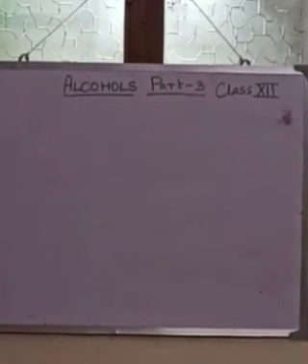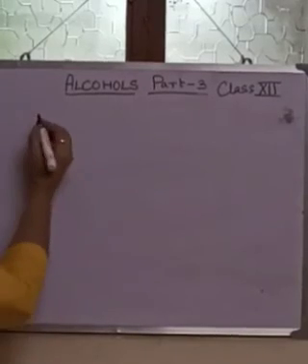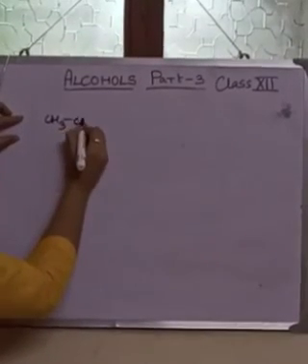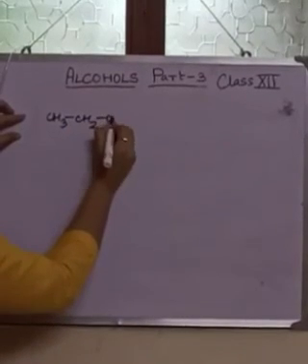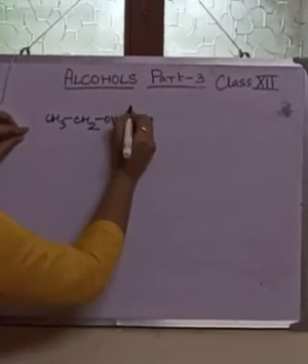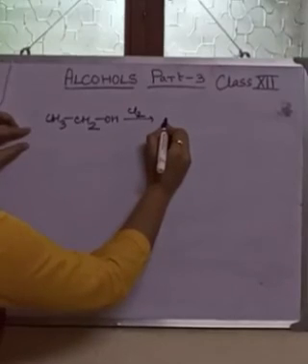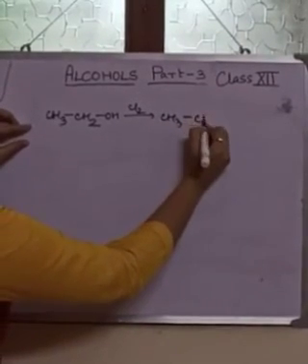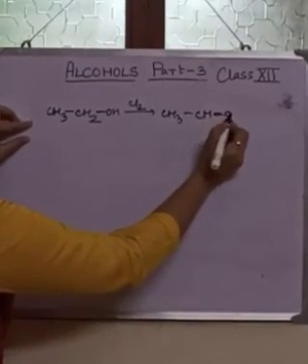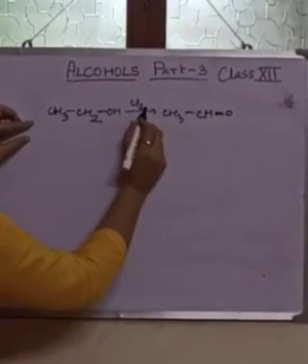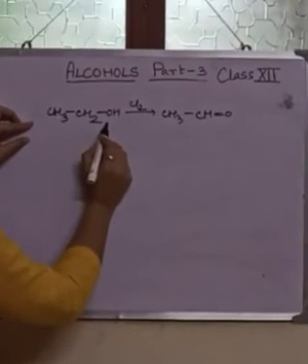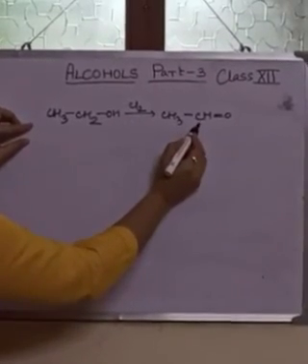Halogens react with primary and secondary alcohols resulting in the formation of aldehyde. This is the oxidation step where chlorine acts as oxidizing agent and the alcohol gets oxidized to aldehyde.